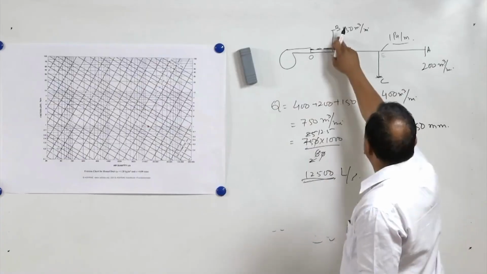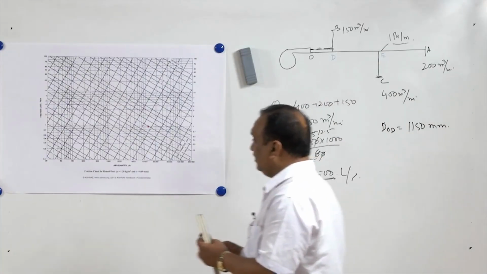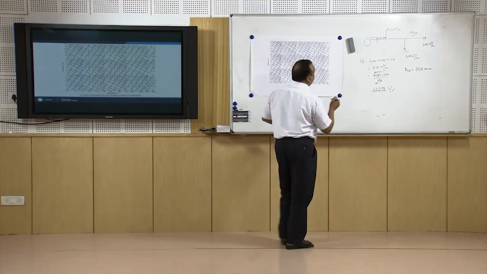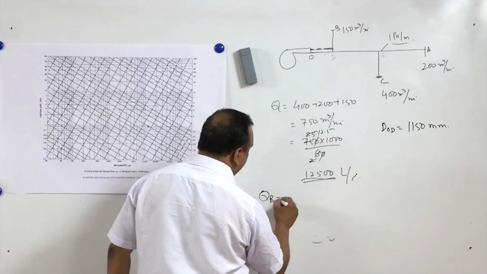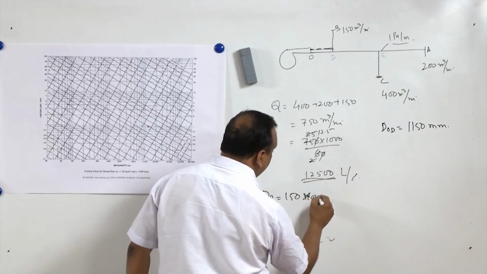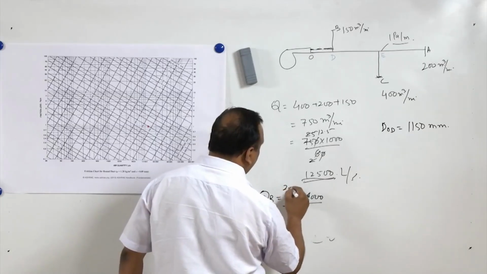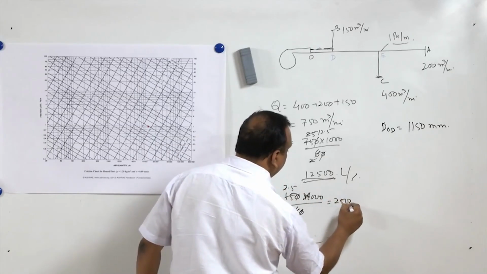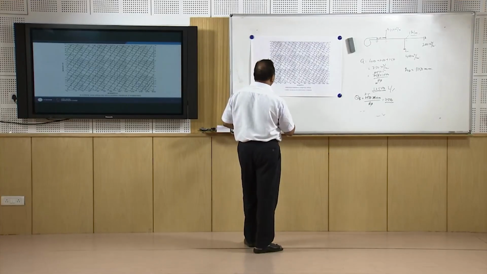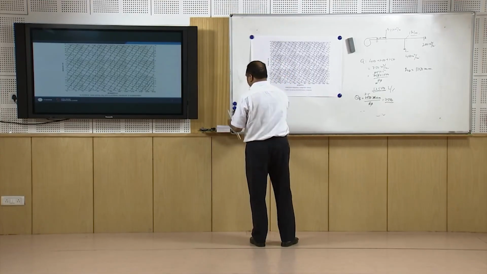Now DB, DB is also 1 Pascal per meter, but the discharge is 150 meter cube per minute, so it is 150 into 1000 divided by 60, that is 2500. So we will look for the discharge of 2500.